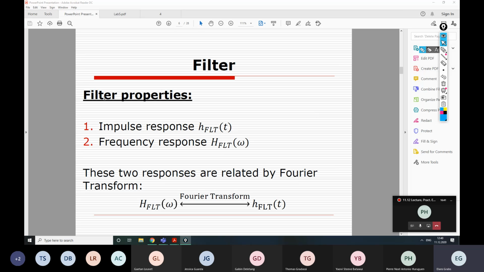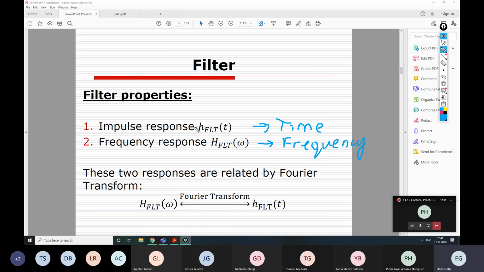So what are the properties of the filter which describe how it will process our signal? Most often we are interested in two properties of the filter. The first one is in the time domain, and that's the impulse response. The second one is in the frequency domain, and that's the frequency response. Naturally, these two can be calculated one from another by using the Fourier transform.